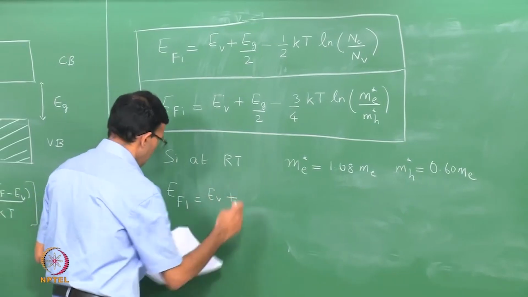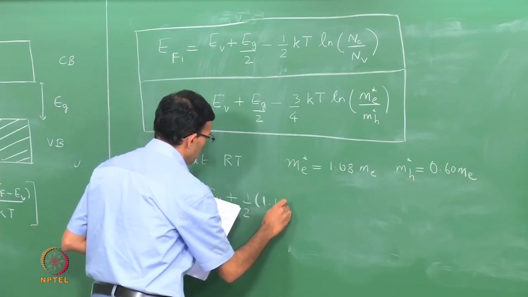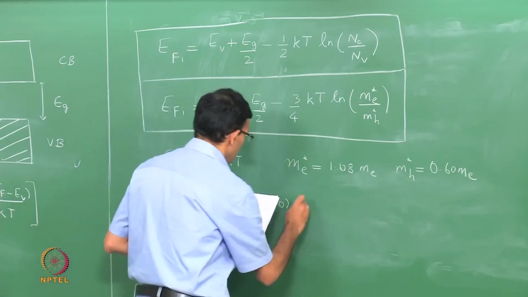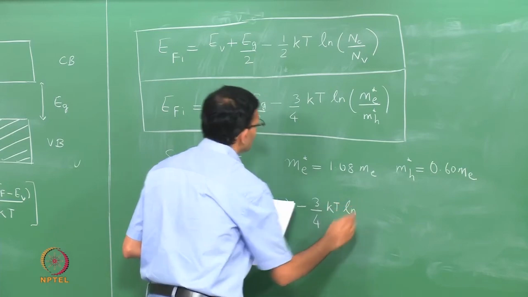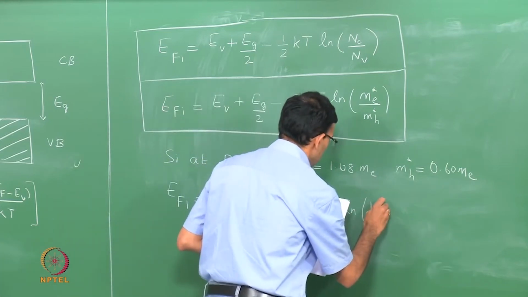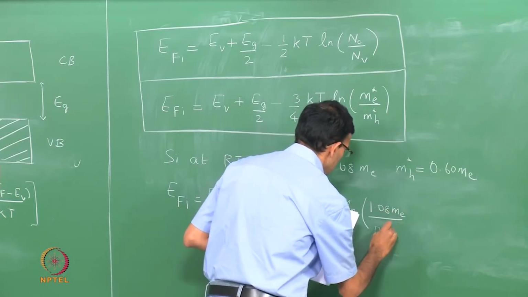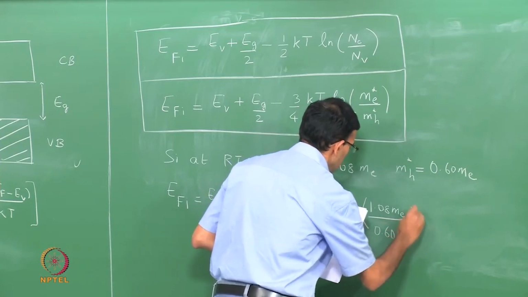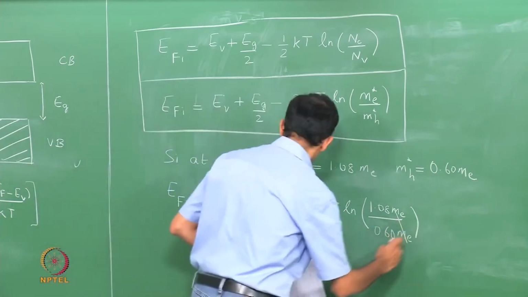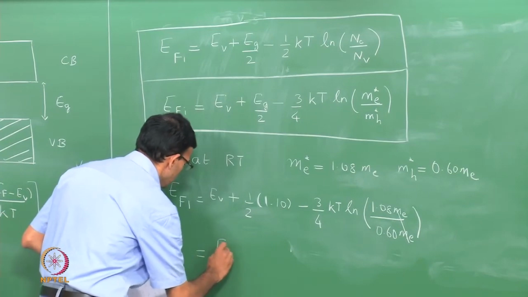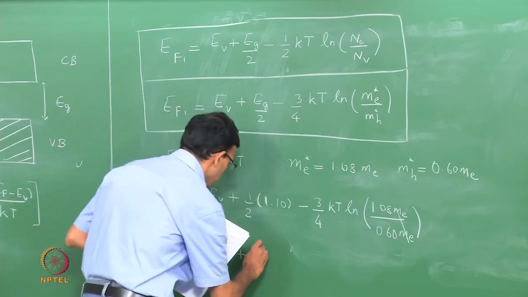is EV. The band gap of silicon is 1.1, 0.10 minus 3/4. If you simplify this expression, this gives you, let me write it below, EV plus 0.54.